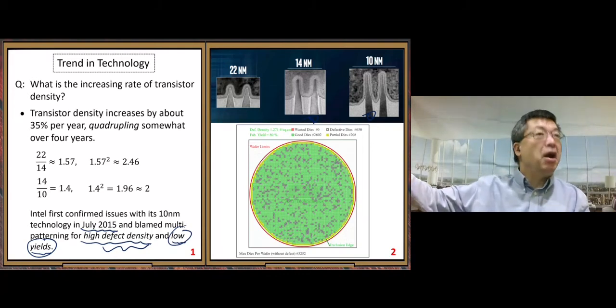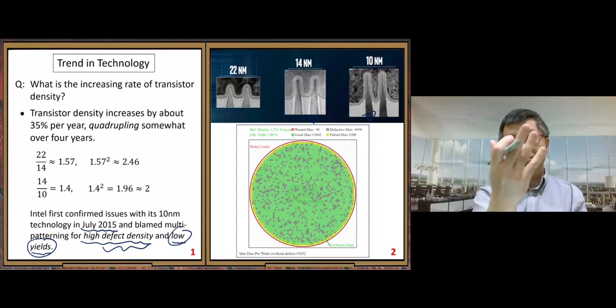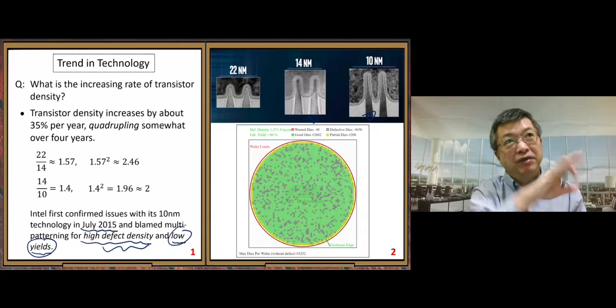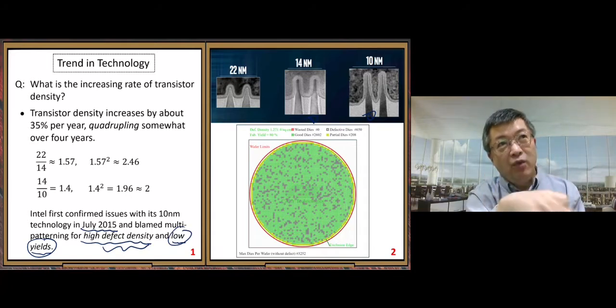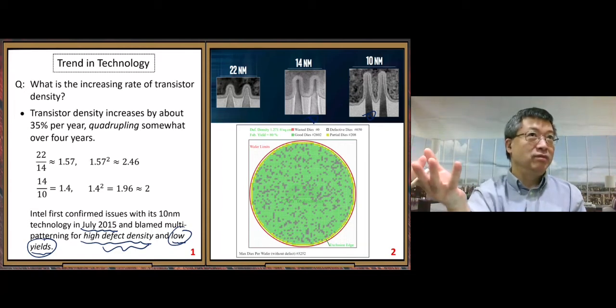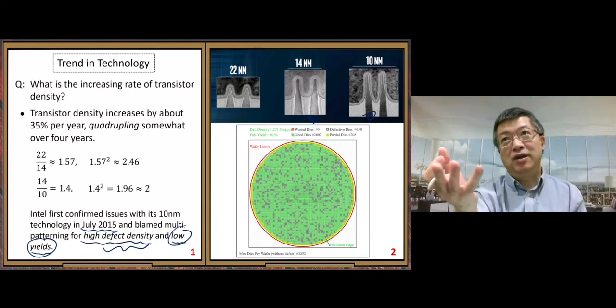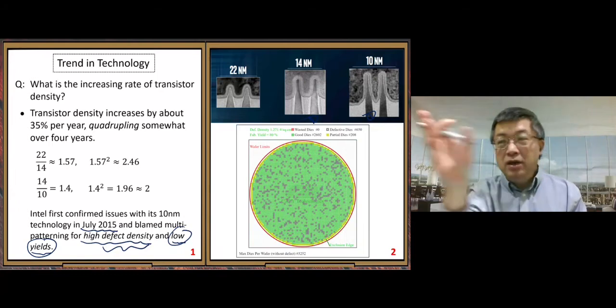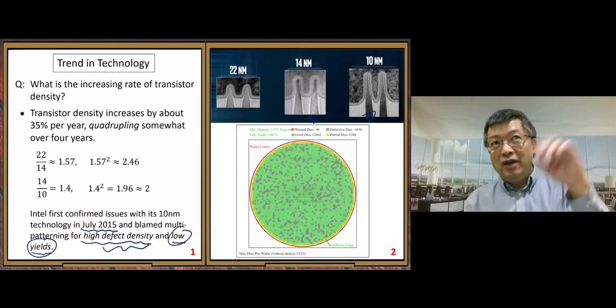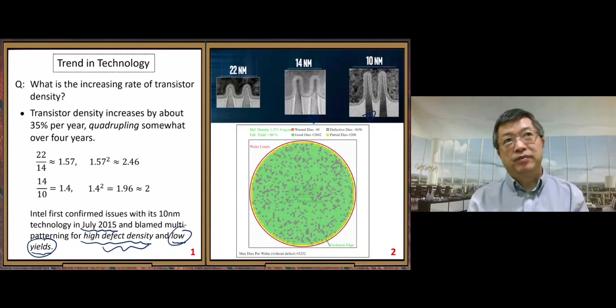How can you argue Moore's law still holds, right? Cannot. Because after 5 years, Moore's law would already have quadrupled, right? But they stuck to 10 nanometer technology for more than 5 years. So you can think Moore's law cannot hold anymore in the transistor industry.